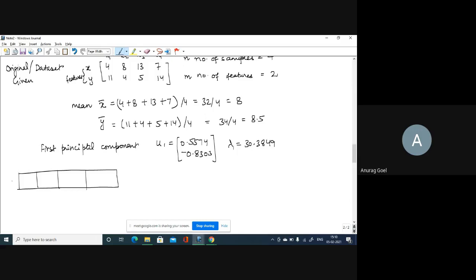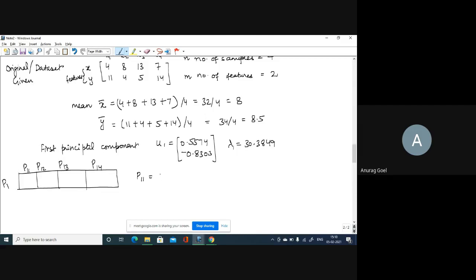This is the first principal component P1, and there would be P11, P12, P13, and P14. Now how do we calculate P11, the first sample?